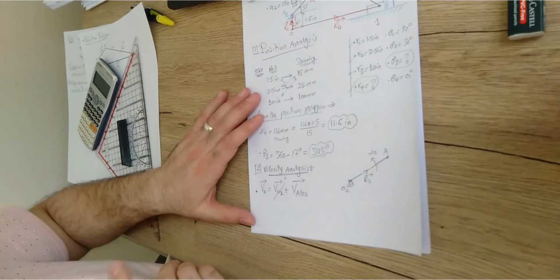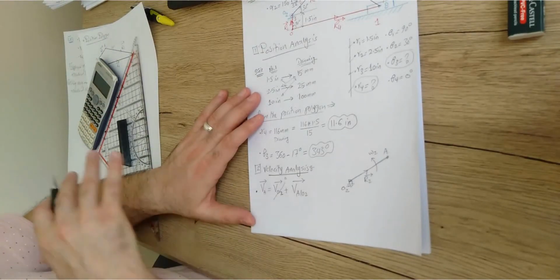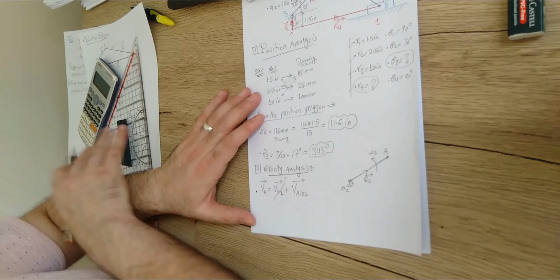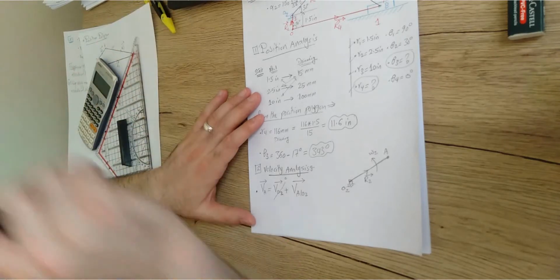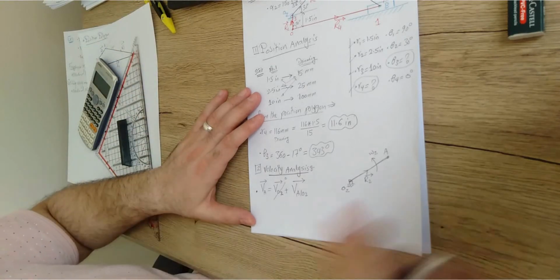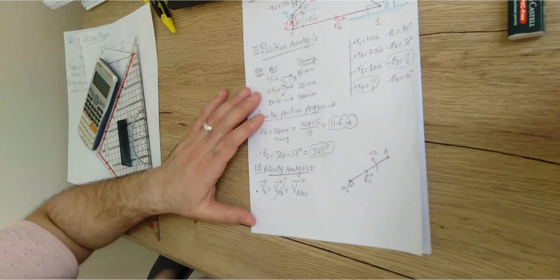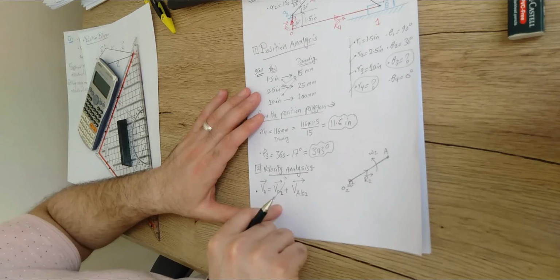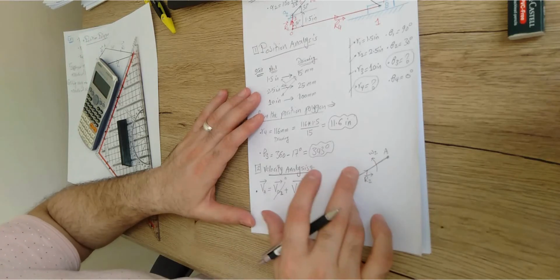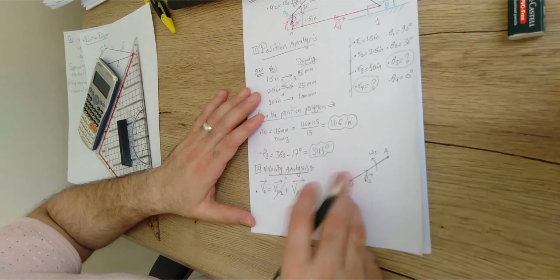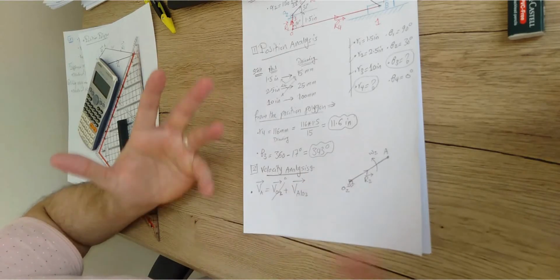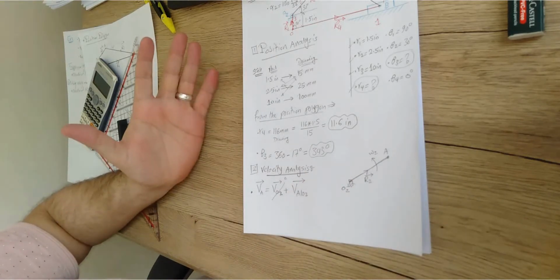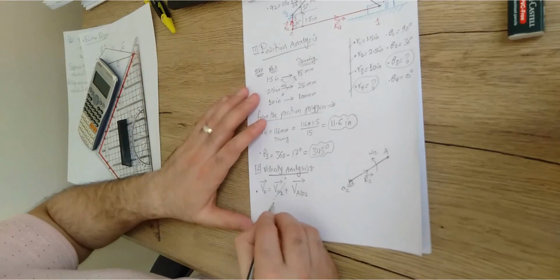But another thing: when we draw the velocity diagram, we just draw relative velocities. We are not drawing absolute velocities. So what does it mean? VA is absolute velocity. VO2 is absolute velocity, but it is 0 because O2 is a fixed point. If O2 were not a fixed point, if it were a movable point, VO2 would have a value, right?